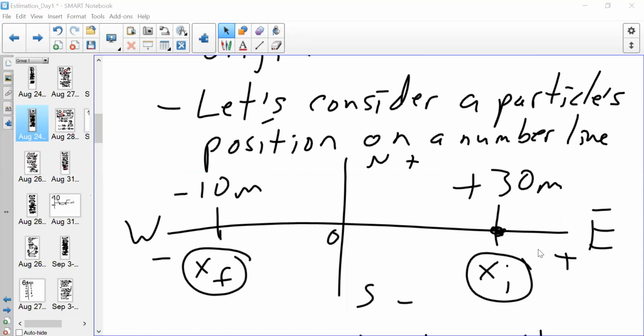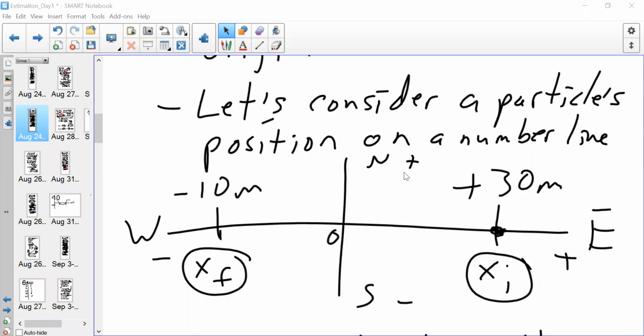As we see here, this position of this car on the positive x-axis, its location in space, or its position, is plus 30. What that means is that I am at a position of 30 meters to the east.